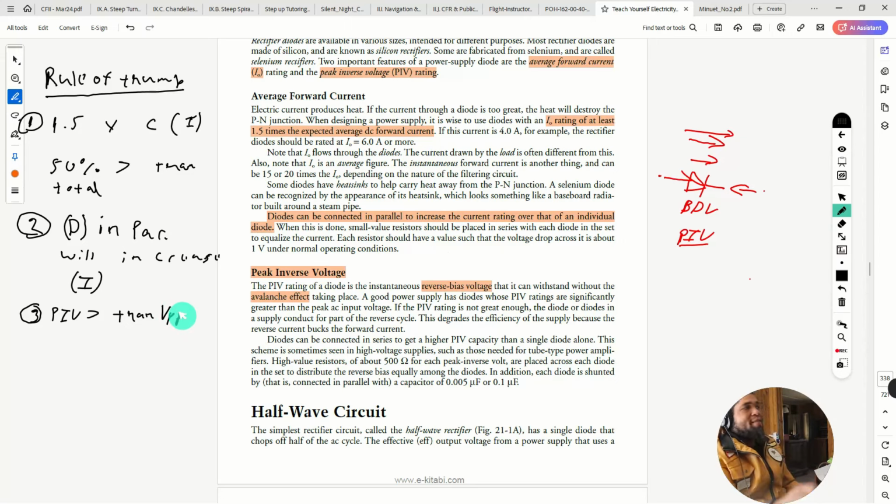Okay, so your PIV should be greater than peak to peak.